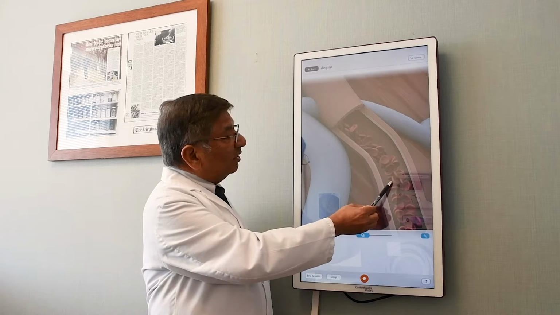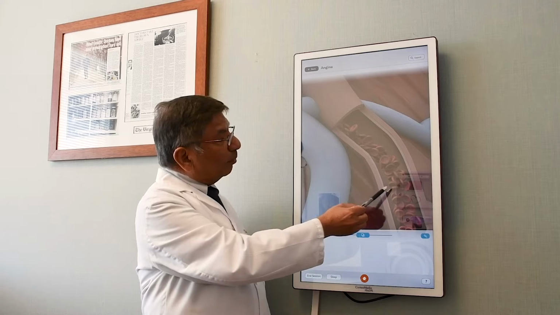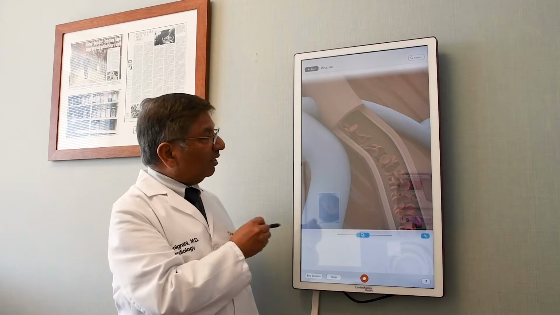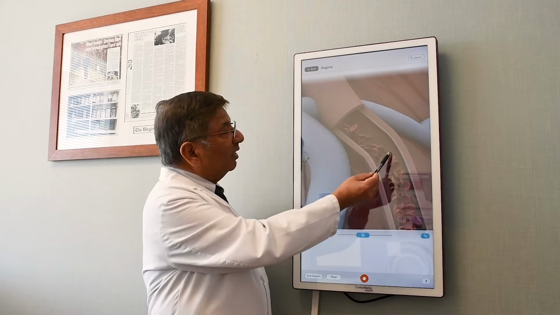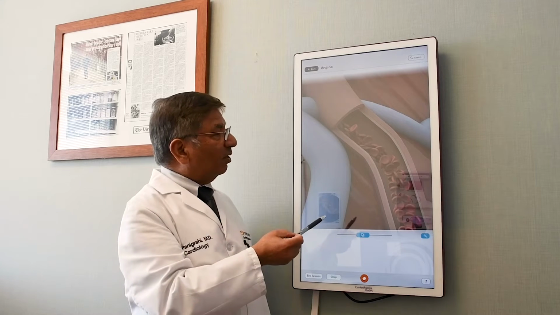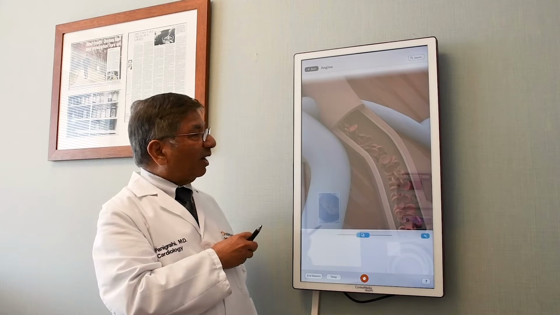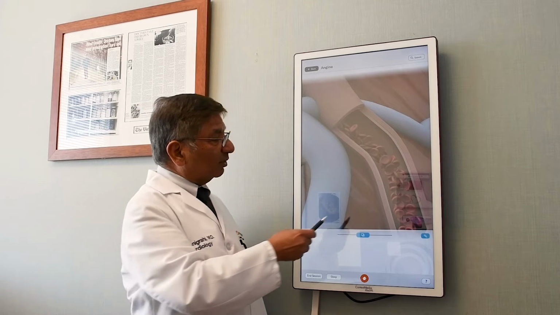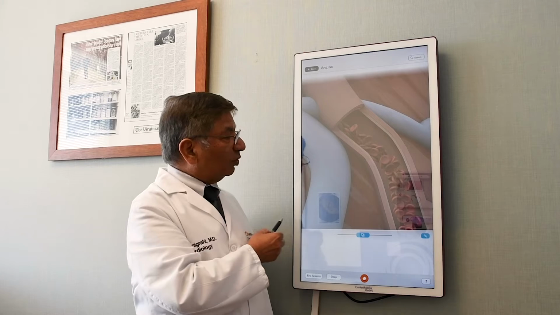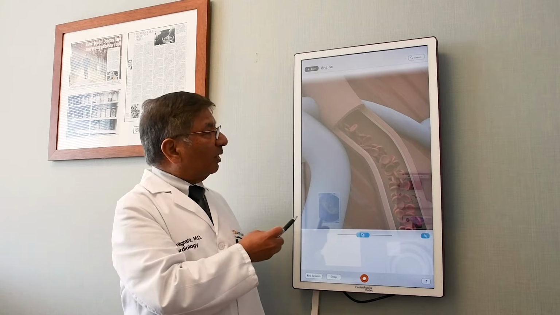These disc-shaped tissues are the red blood cells that carry the oxygen, and they are floating in the fluid that we call plasma, which carries all the nutrients, the glucose, the protein, the fat, the vitamins and minerals, to be delivered downstream to the muscle so that it will be utilized.